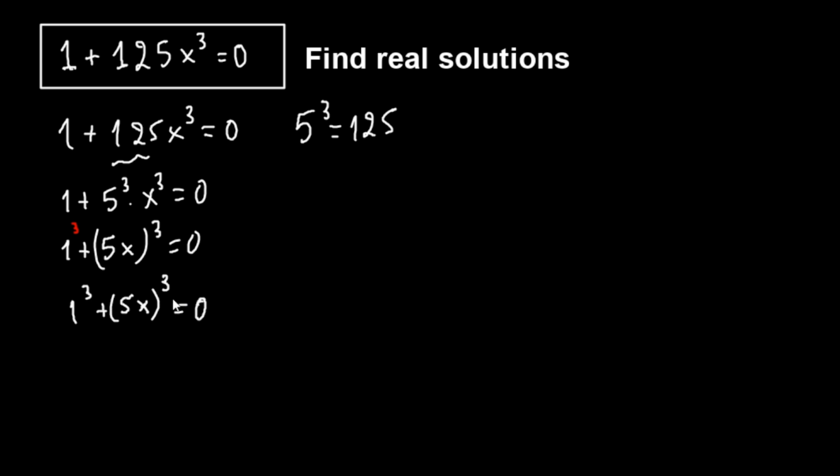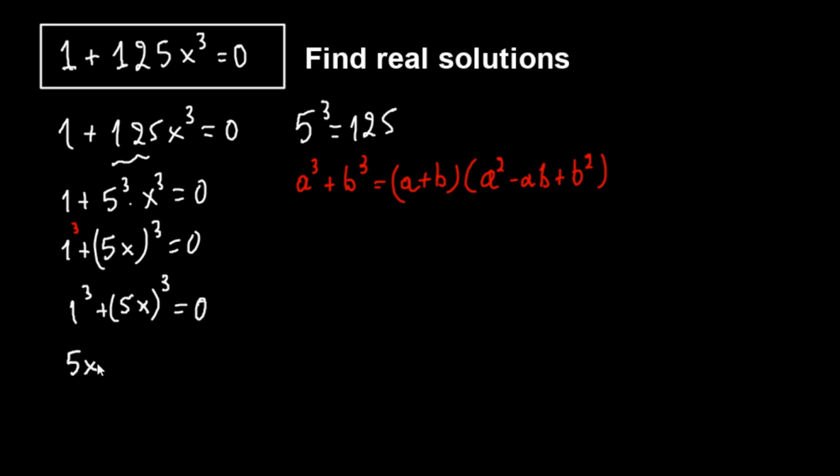This form here reminds us of a known identity. So we have that a to the third power plus b to the third power equals a plus b times a squared minus ab plus b squared. First, let's rearrange the numbers.